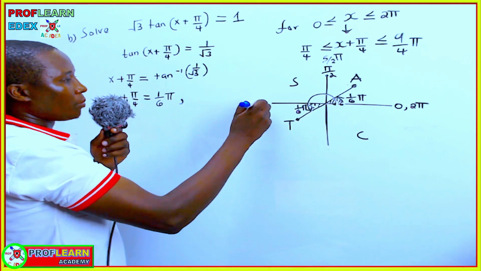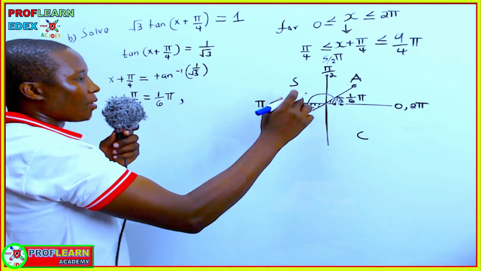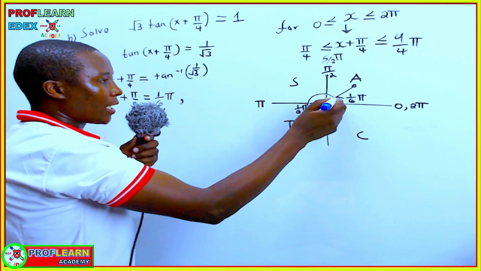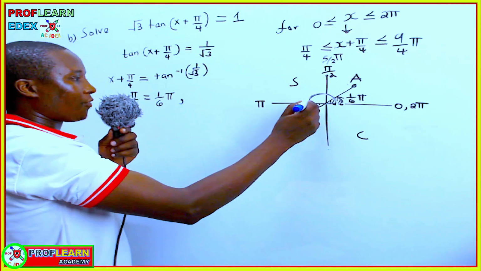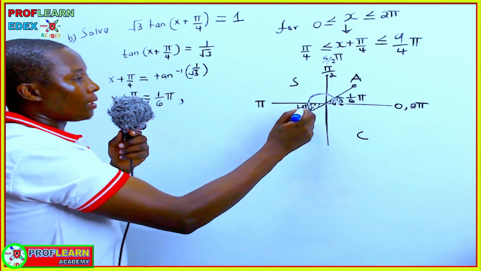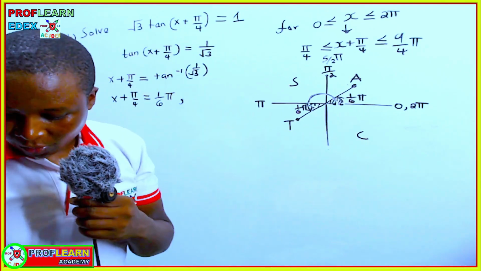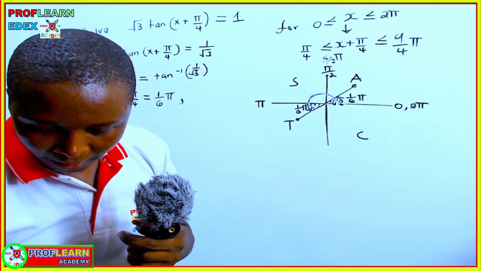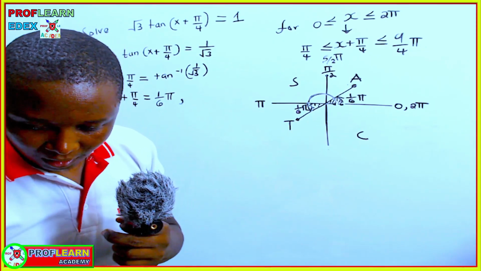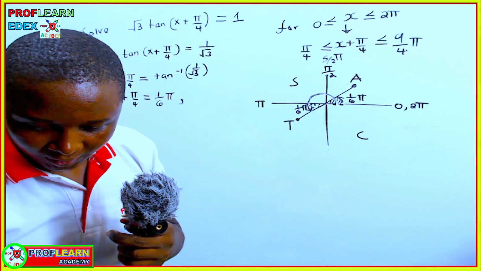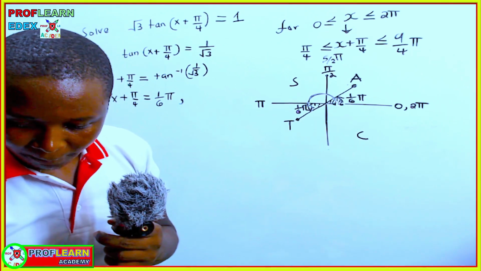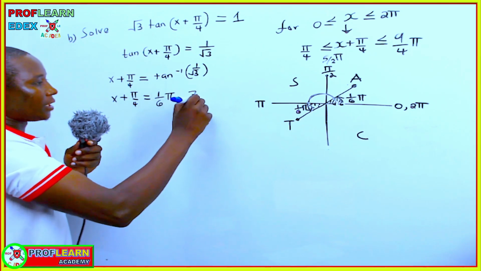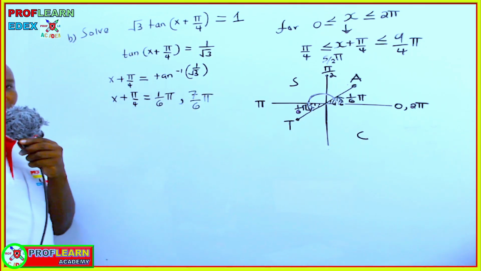So this is going to be pi plus 1 over 6 pi, because by the time you move to this point, you have covered pi radians, then plus 1 over 6 pi. If we add that, let's check what we are going to get. If I have pi, then I add 1 over 6 pi, I'm going to get 7 over 6 pi at this given point.